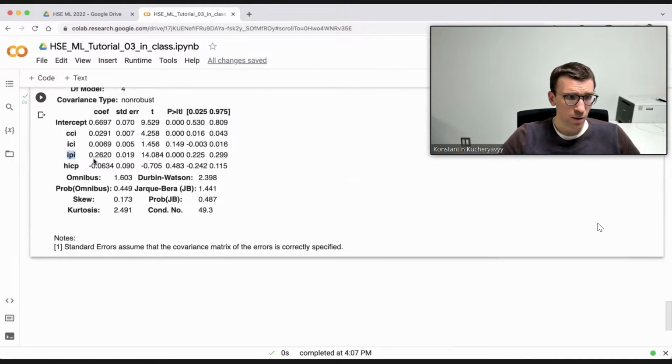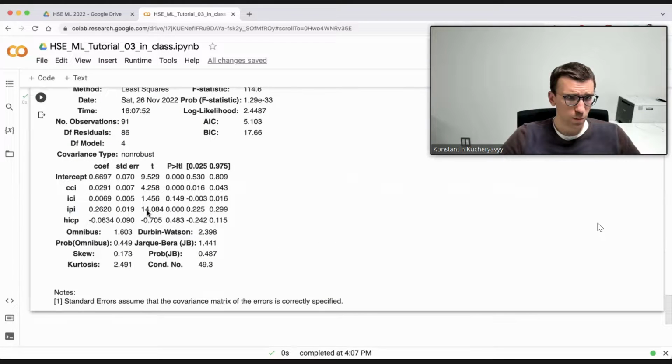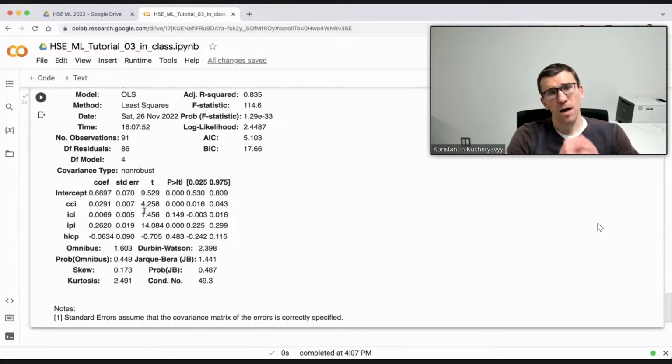Okay, so now one indicator that our model is not the right model is if our residuals have a particular structure.